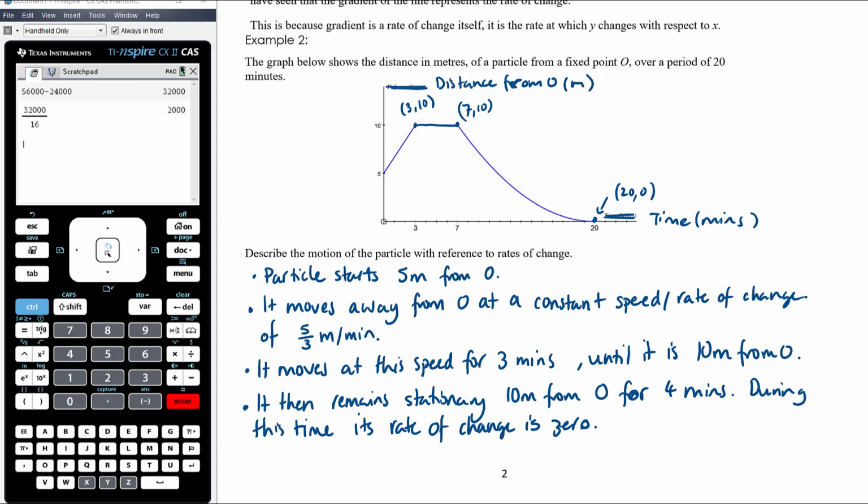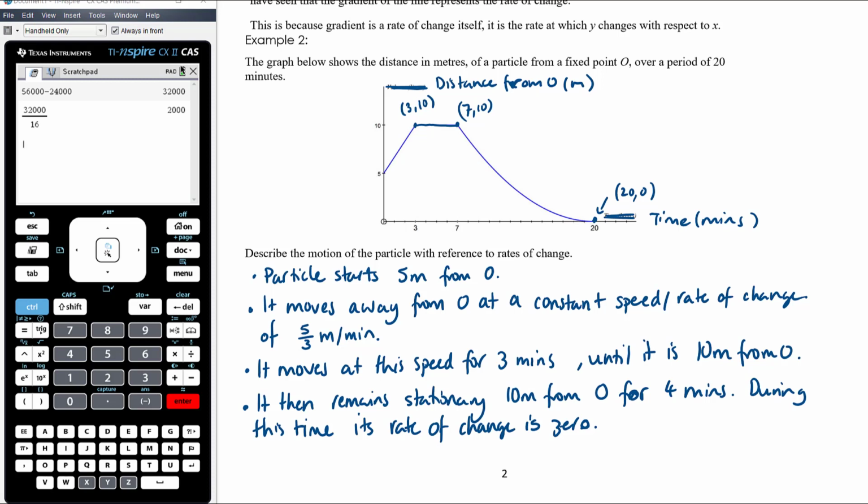Okay, so then the third phase, so now after a total of 7 minutes, the particle is going to start to move again, and we can see that the distance is now decreasing. So the distance goes from being 10 meters after 7 minutes to being 0 meters after 20 minutes, but it doesn't happen at a constant rate.